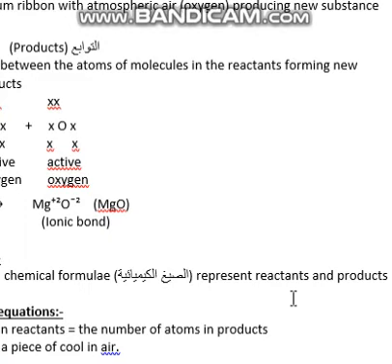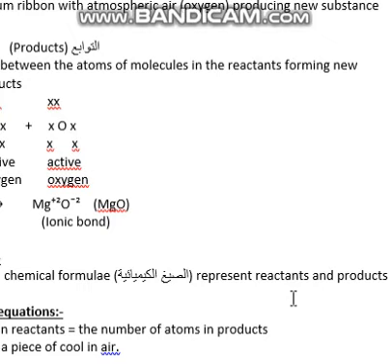What is the meaning of chemical reaction? It's the breaking of bonds between the atoms of molecules in the reactants to form new bonds of atoms in products. For example, the oxygen molecule is diatomic, O2.